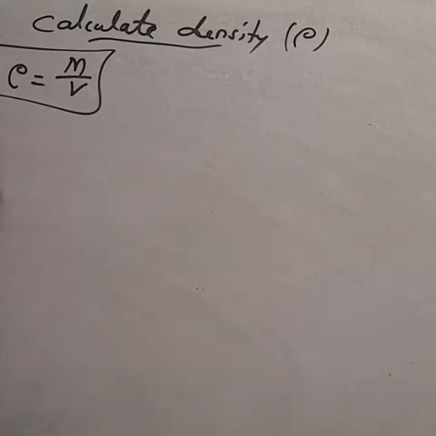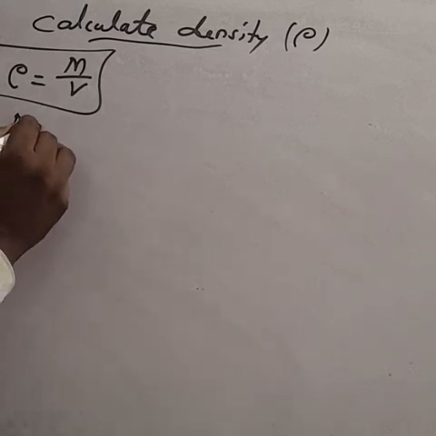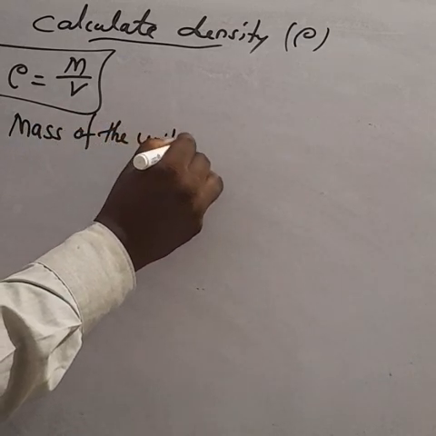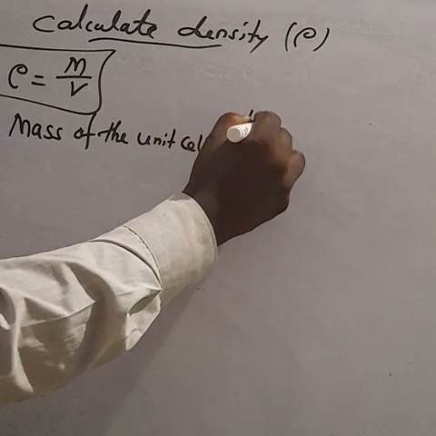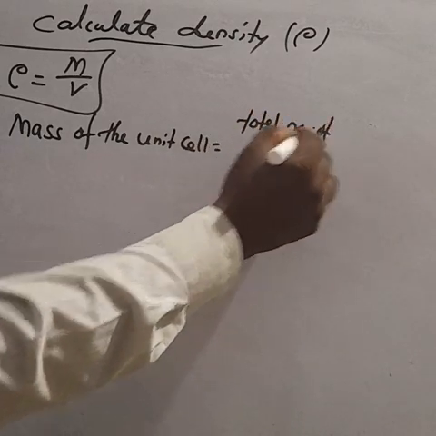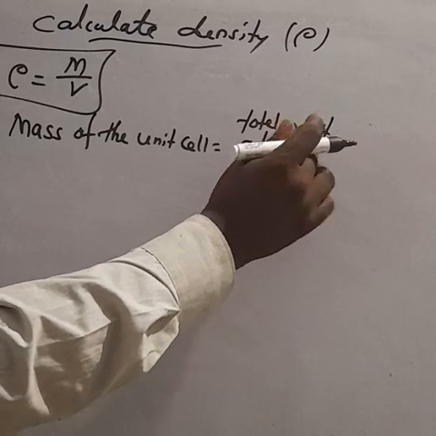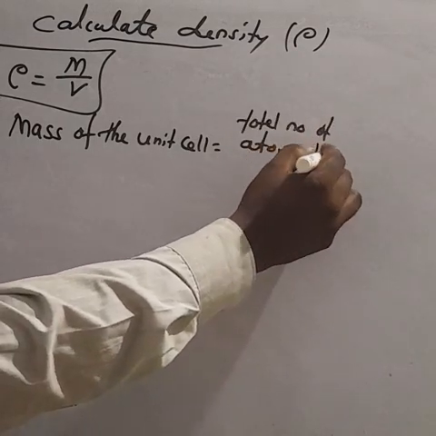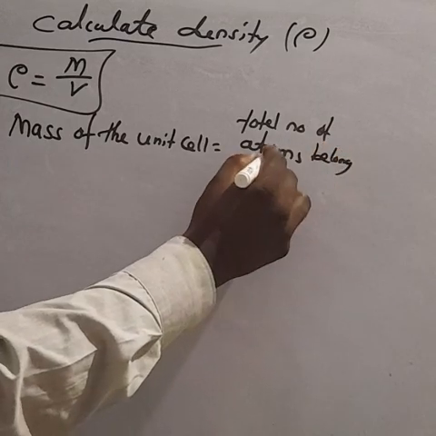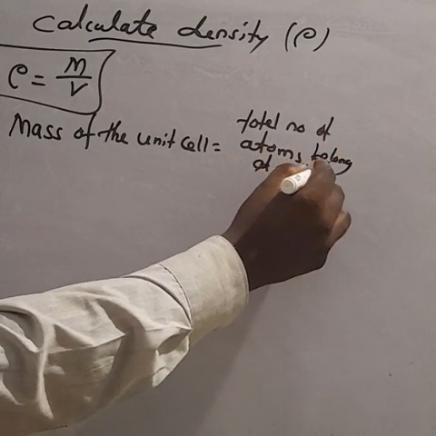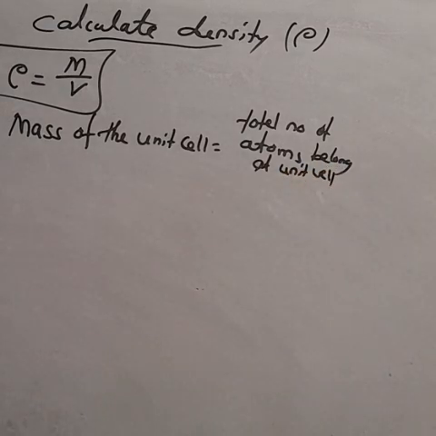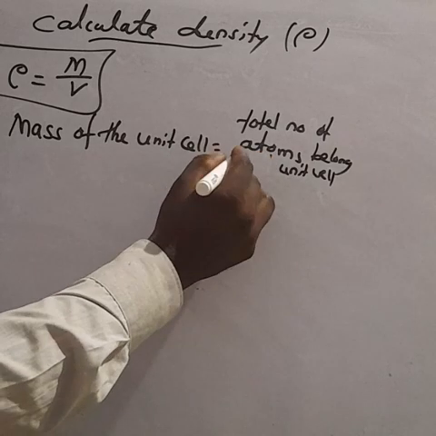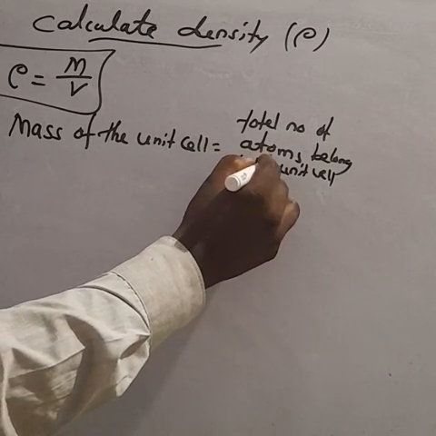Next, we can discuss the mass of the unit cell. Mass of the unit cell is equal to the total number of atoms belonging to that unit cell into the mass of one atom.